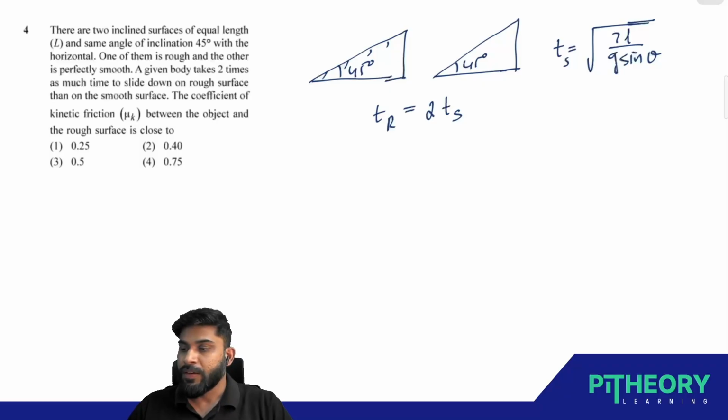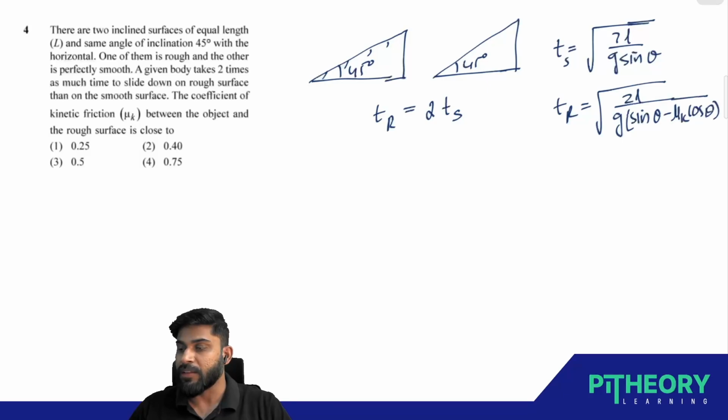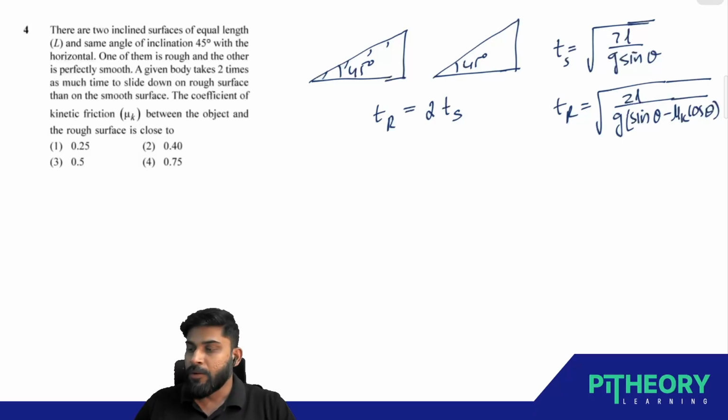In the case of the rough inclined plane, the acceleration will be different, so the time taken will be root 2L divided by g into sine theta minus mu k cos theta. These two relations we will apply directly in our problem.